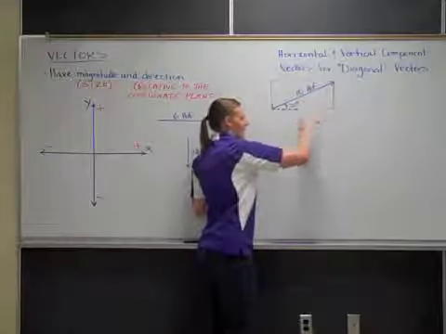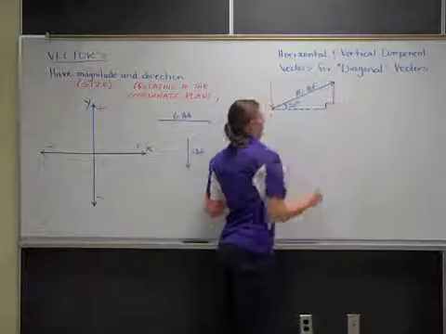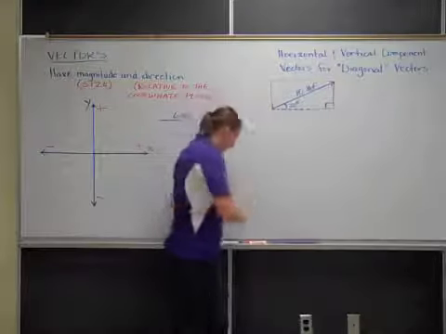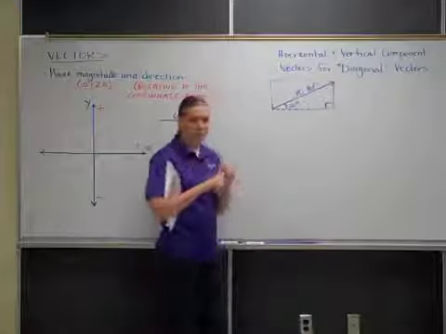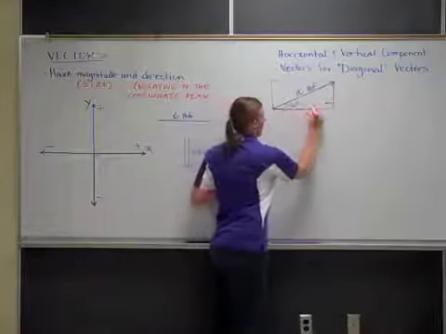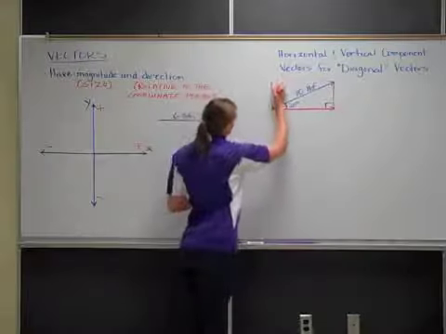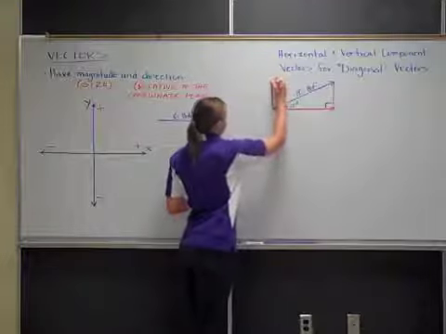We've got a right triangle right here. The things that we're trying to find out with the horizontal and vertical component vectors are two of these sides of this rectangle. This side right here represents the horizontal component, and this side right here represents the vertical.